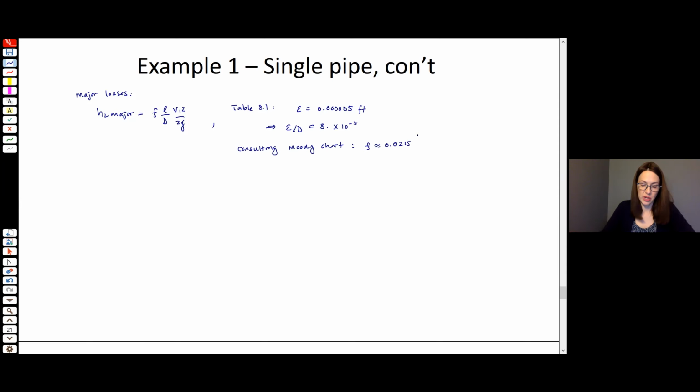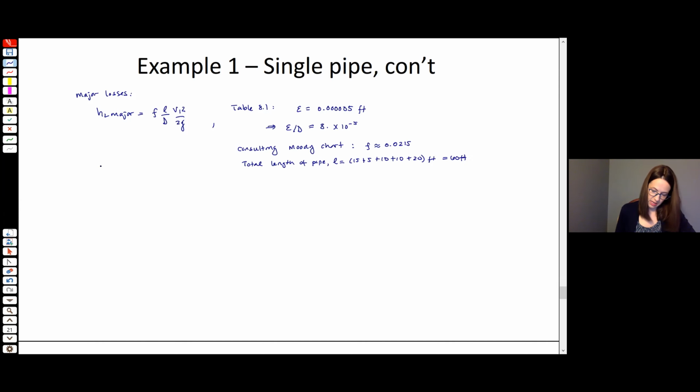Okay, if we were to use the formula, we would find the same answer. Okay, the total length of pipe L is equal to 15 plus 5 plus 10 plus 10 plus 20 feet, which is equal to 60 feet.